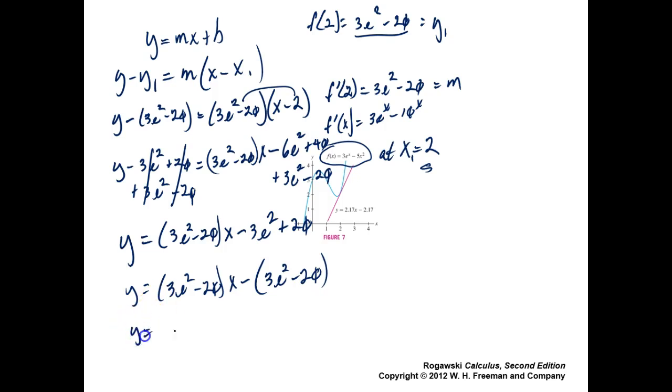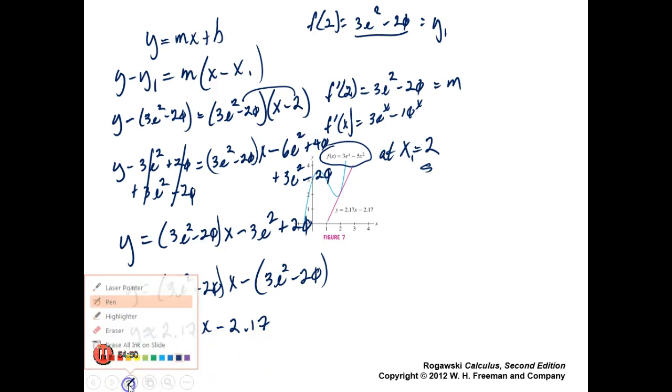So y is approximately equal to 2.17x, I'm going to put an approximate equal to because it's not quite, minus 2.17. Don't even begin to think it's always going to come out the same number there. It won't. Okay. Now, we've got the answer here.